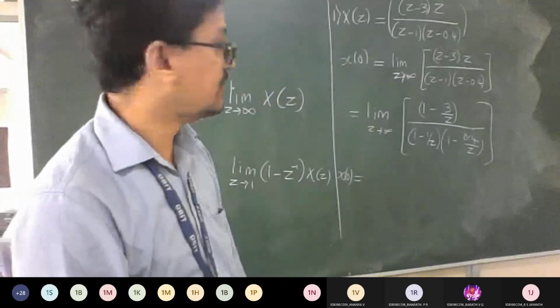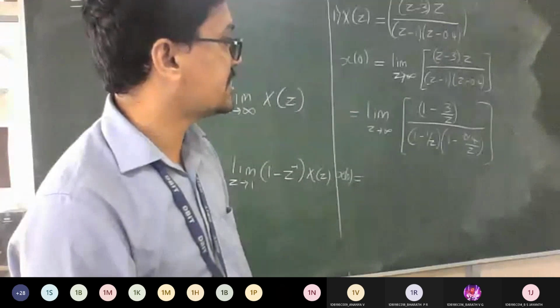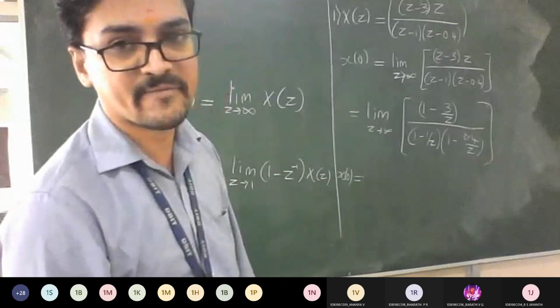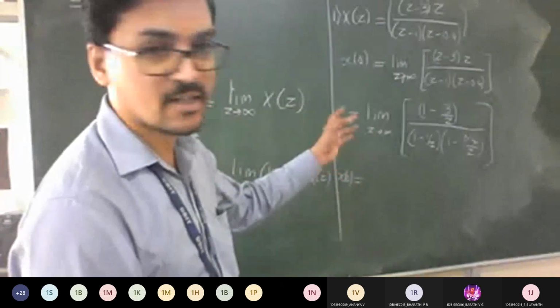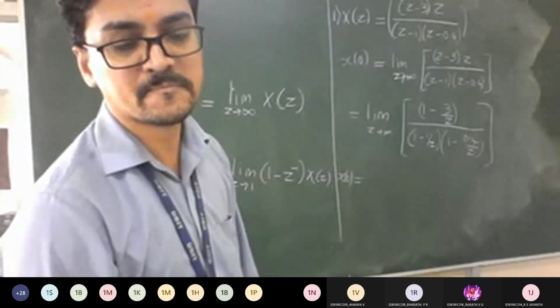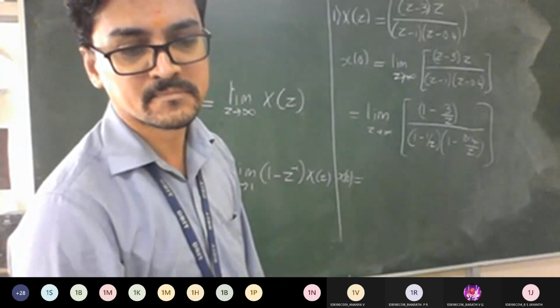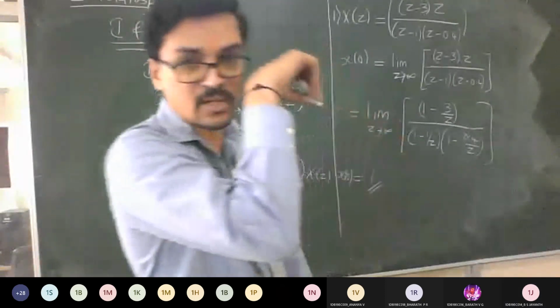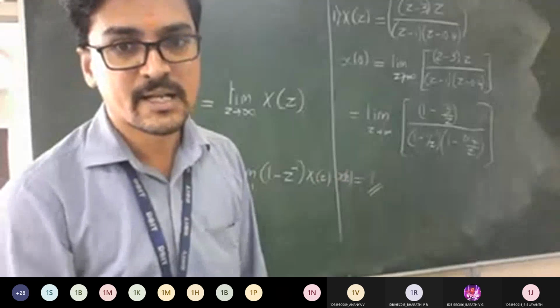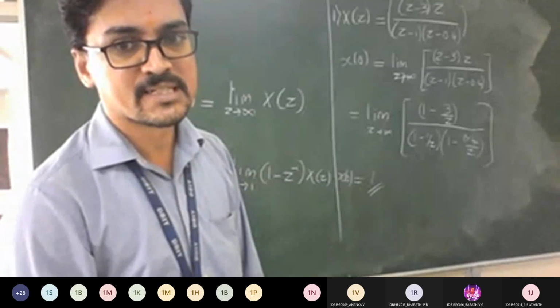If you apply infinity everywhere, it is 3 divided by infinity, 1 divided by infinity, 0.4 divided by infinity. So it's 1 divided by 1. The answer is 1. So we get the initial value as 1 for x of 0.